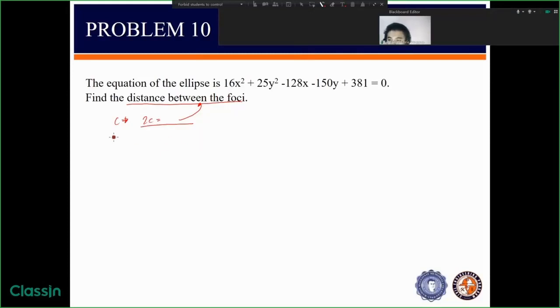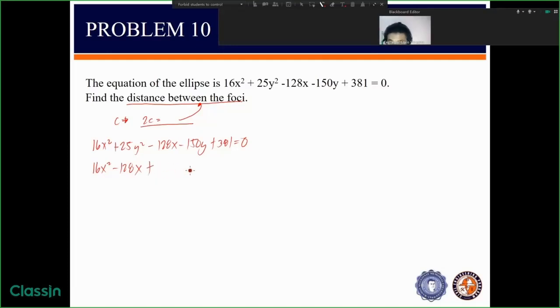So, you have 16x squared plus 25y squared minus 128x minus 150y plus 381 equal to 0. So you have 16x squared minus 128x. Let's group them depending on the variable, no?